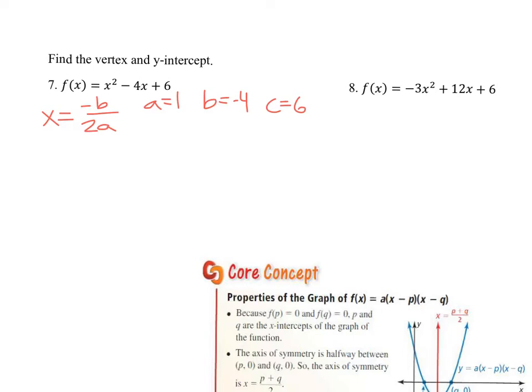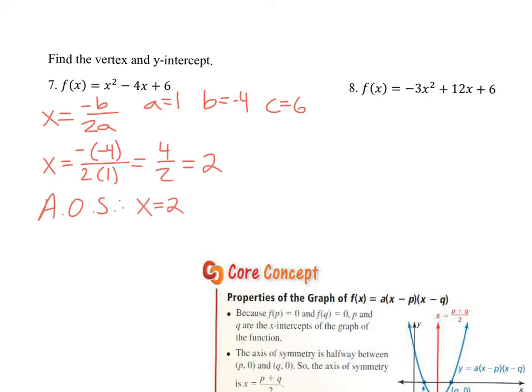You just need to plug these values into your axis of symmetry. So x is equal to negative -4, because it's the b value, divided by 2 times a, and a is 1. So this ends up being 4 divided by 2, which is 2. So your axis of symmetry is x is equal to 2.